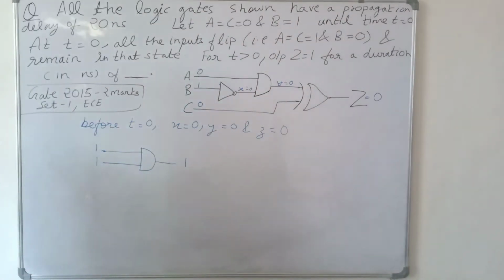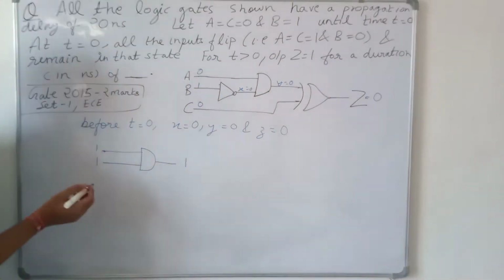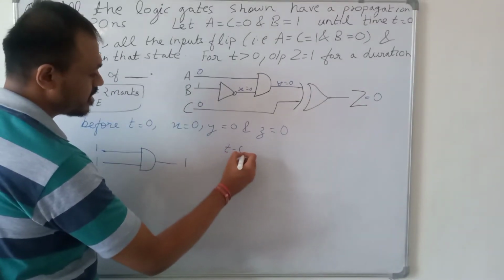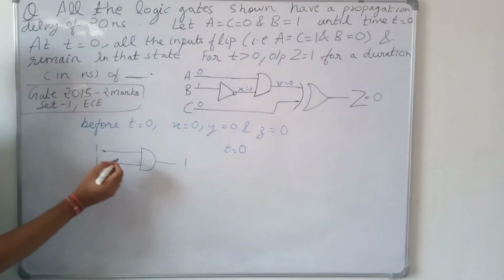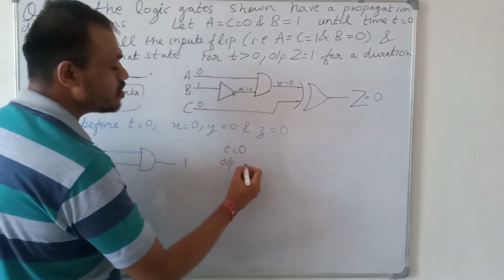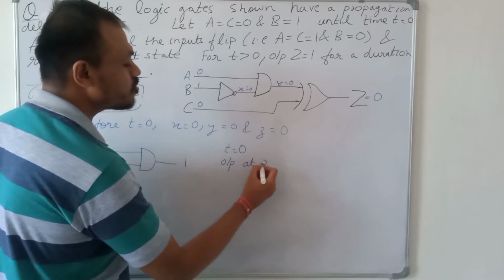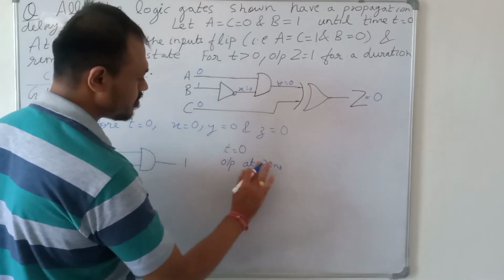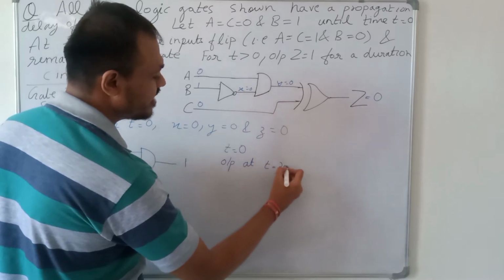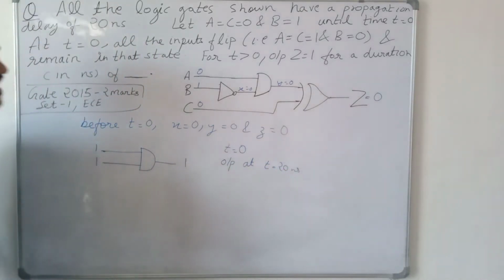But if there is a propagation delay of, say, 20 nanoseconds, and we apply the inputs at t equal to 0, then we will get the output at t equal to 20 nanoseconds.